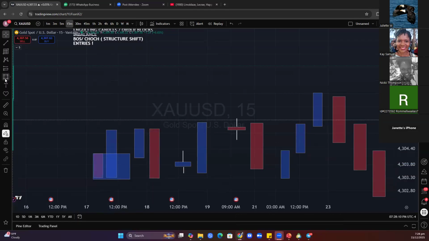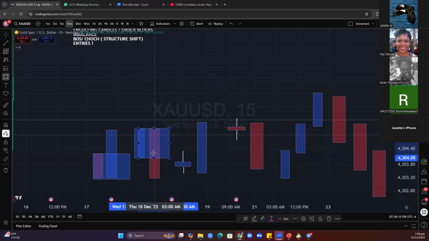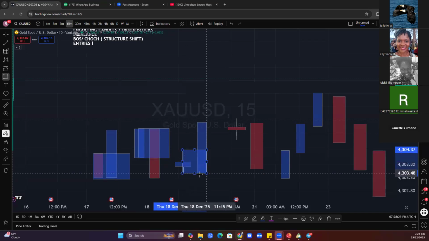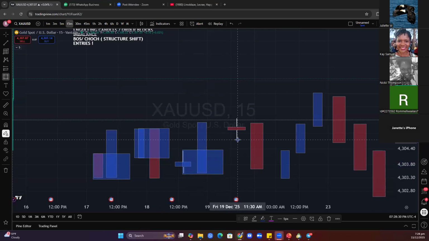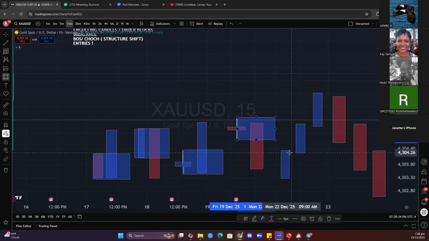So on the sell side, it is from the open to the close of that candle. Same thing here, from wick to wick, this has our attention.